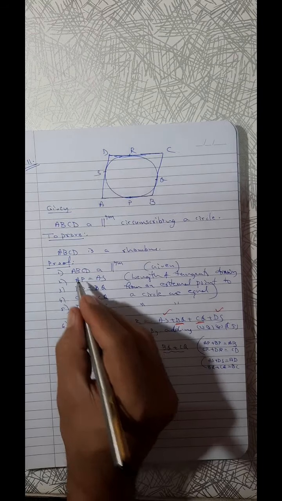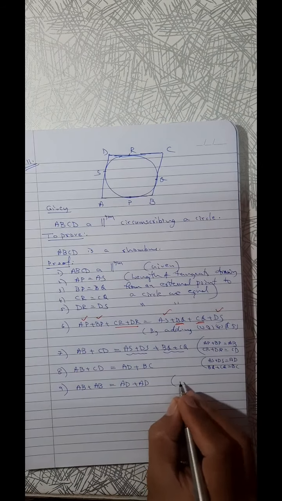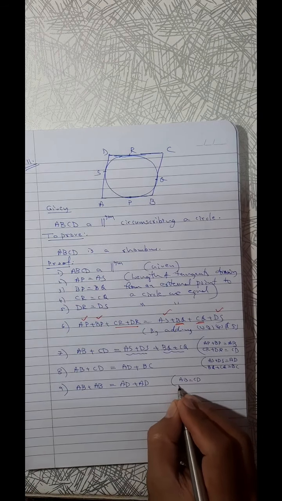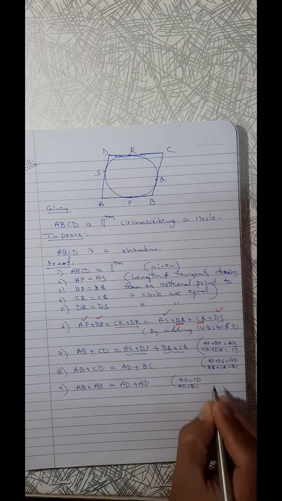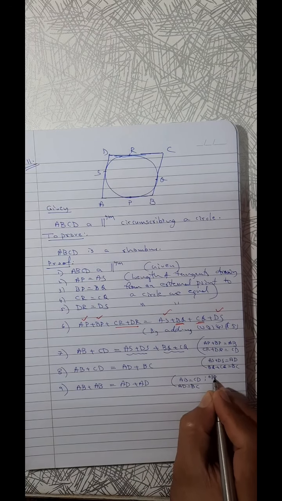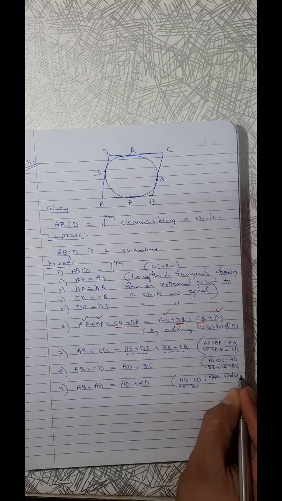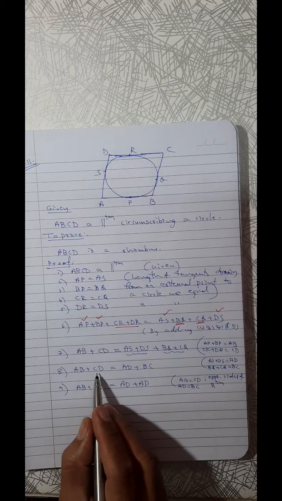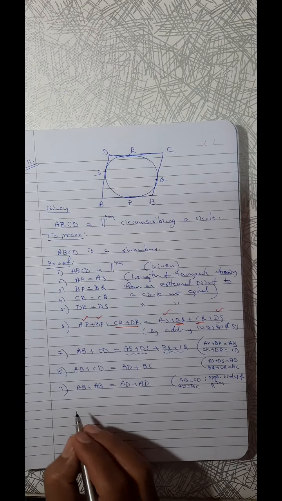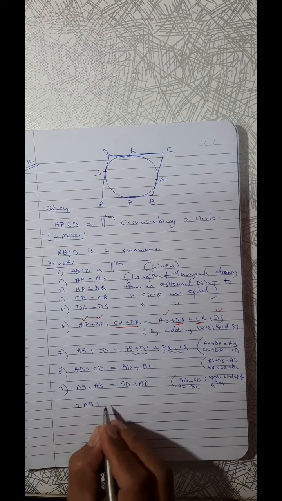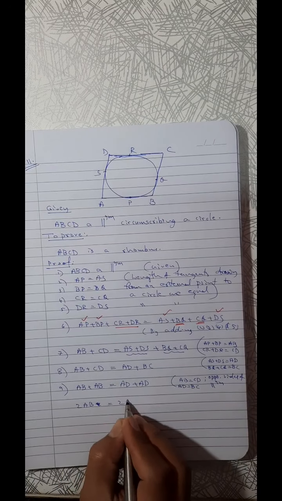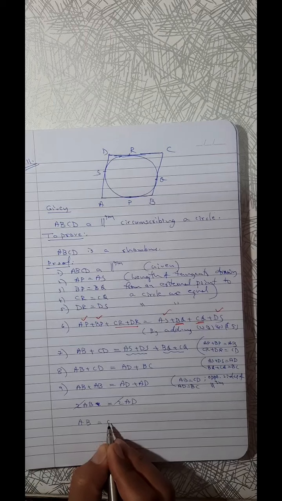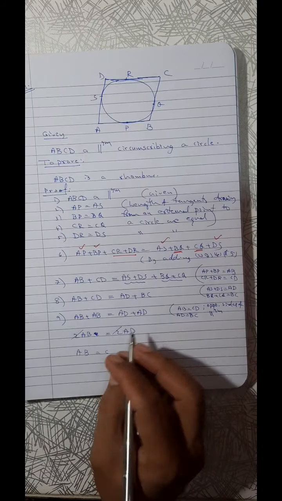ABCD is already a parallelogram, so AB equals CD and AD equals BC. So 2AB equals 2AD. The 2 cancels, so AB equals AD.